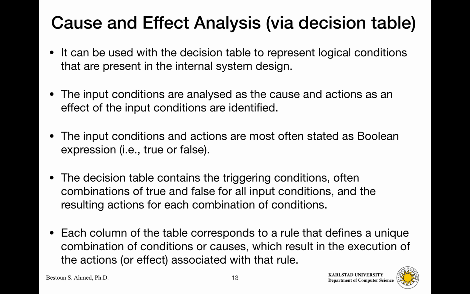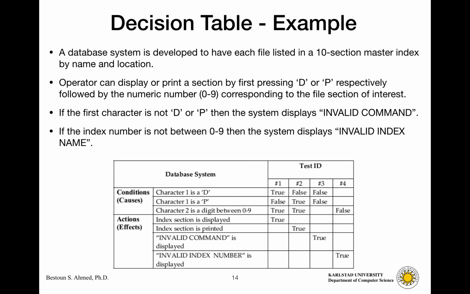For example, if you are going to test a database, this database will take two inputs in a command, which is display or print, or a combination, of course. D refers to display and P refers to print. And then you have an index from 0 to 9, which is 10 index values.